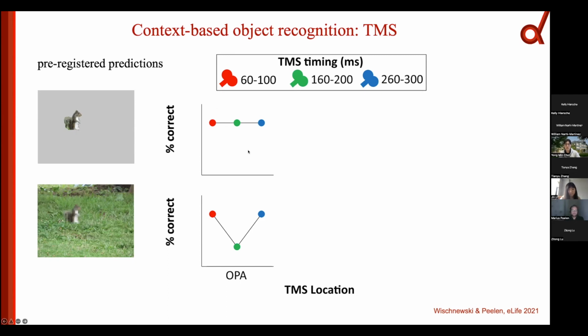So it shouldn't matter at what time you stimulate OPA, it should not affect performance. This is different for the degraded object in scene, the context-based object recognition condition. In this case, we expect that the OPA is causally involved in recognizing objects because it represents the scene context that is giving the input to the object-selective system later. And specifically, we expect this to happen around 200 milliseconds.